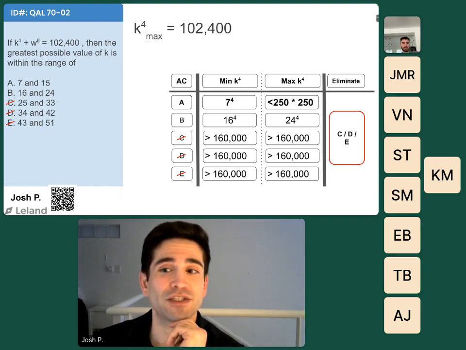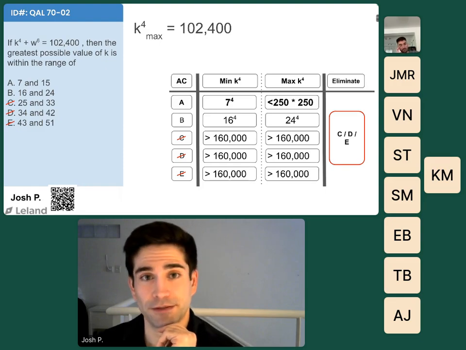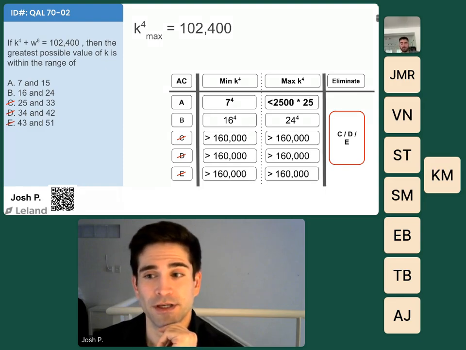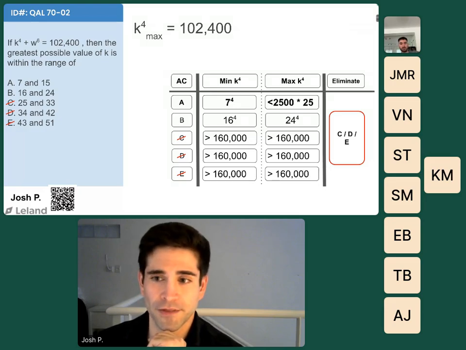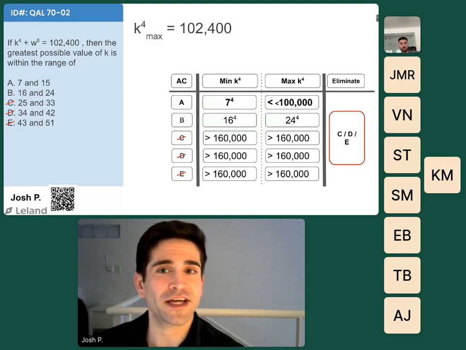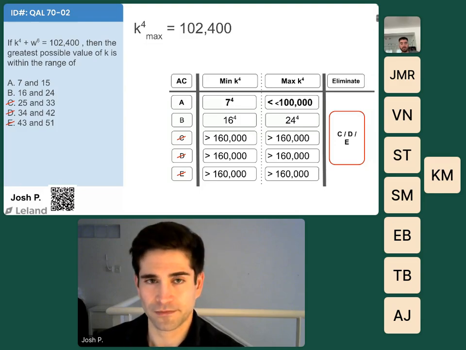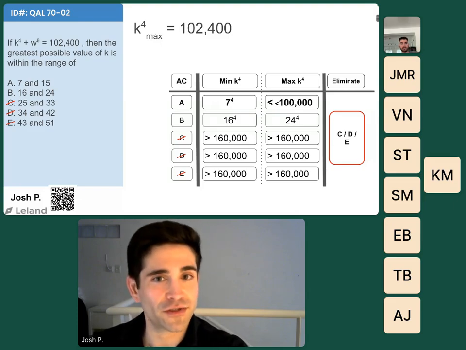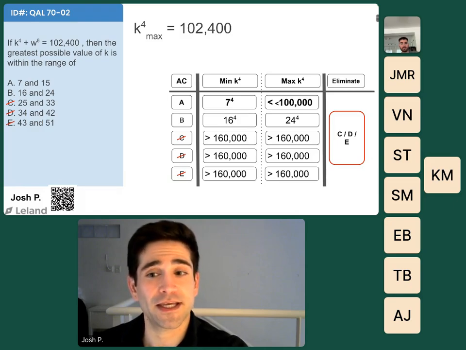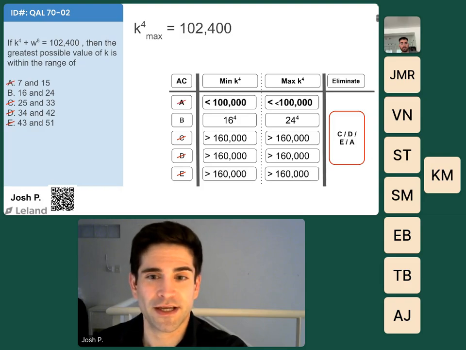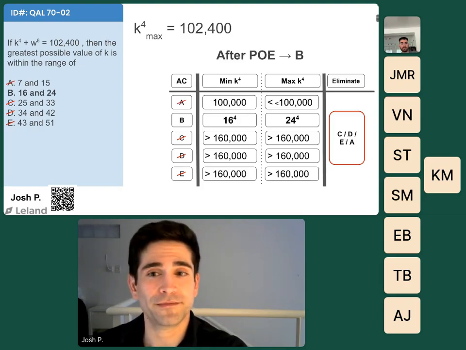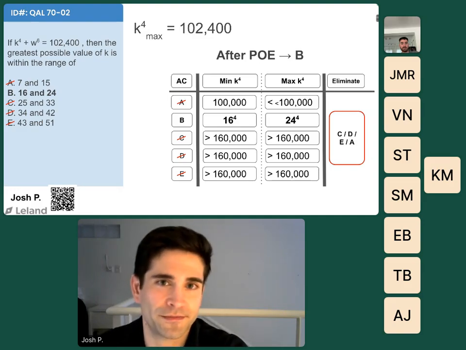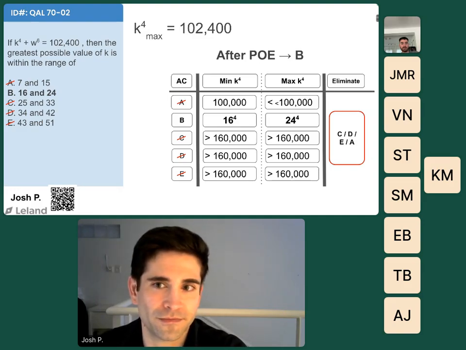But I know it's less than 250 times 250. And this is the same as 2,500 times 25, which I know must be less than 100,000. So given that the max value for A is less than 100,000, that means that K4 max is above that range. So after process of elimination, we know that B is the correct answer choice.